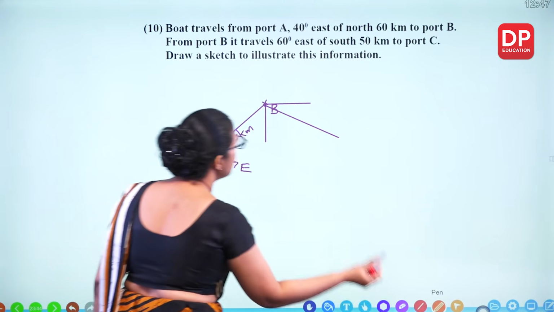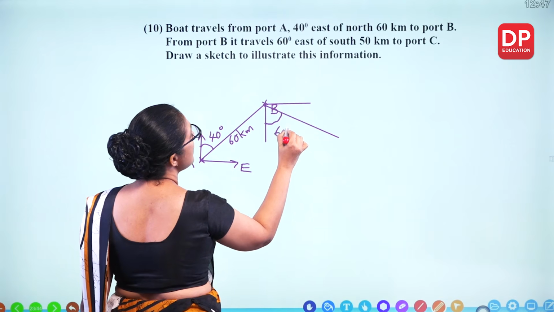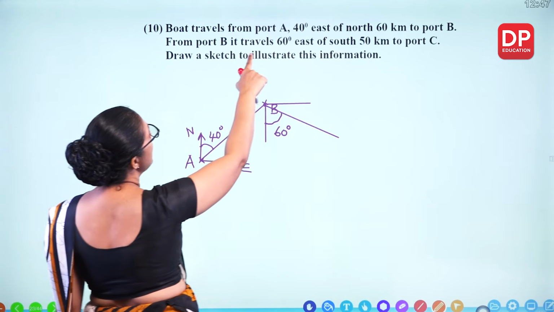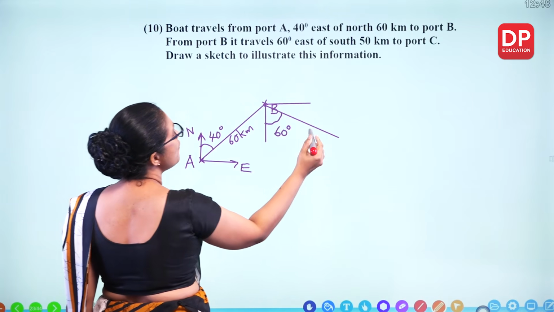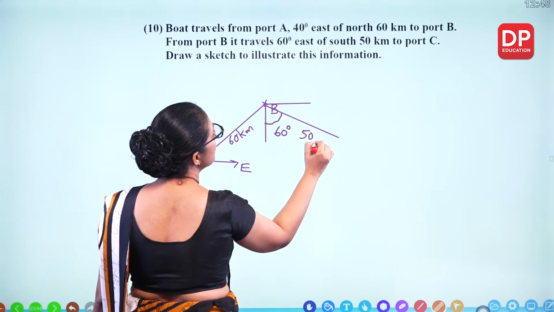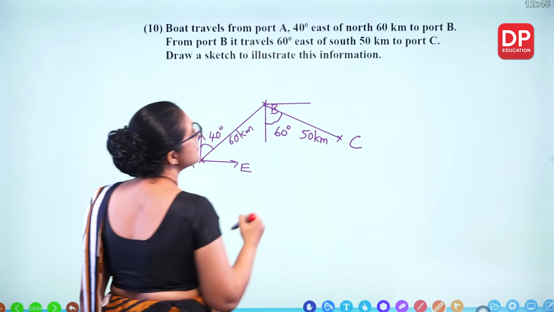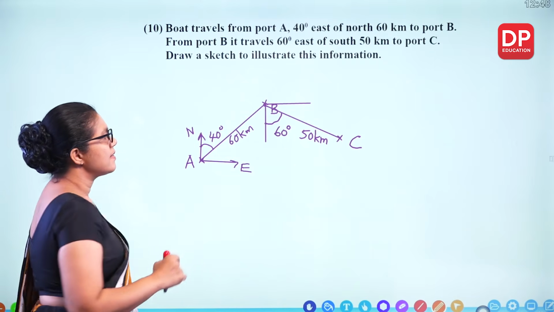So you can write that this angle is 60 degrees, because after port B, 60 degrees east of south, 50 kilometers, and you come to port C. So this is port A, B and C.